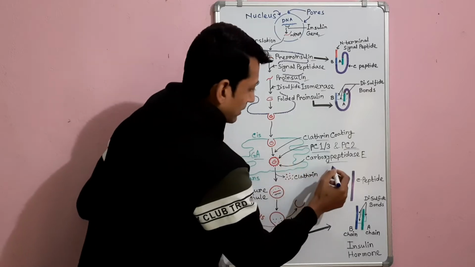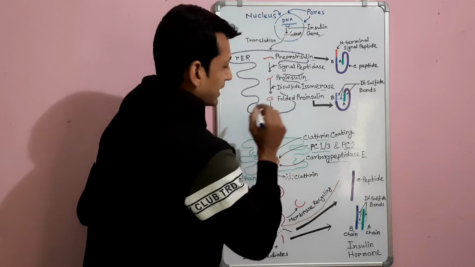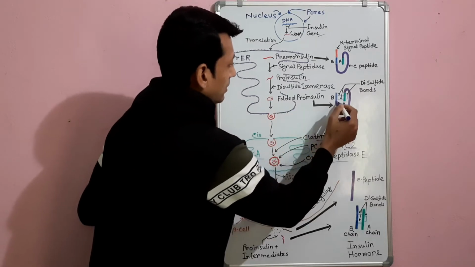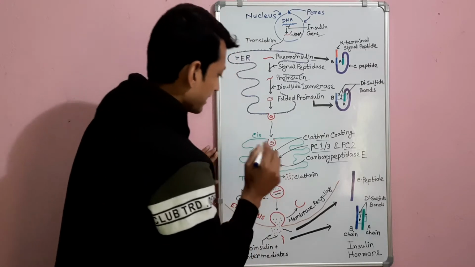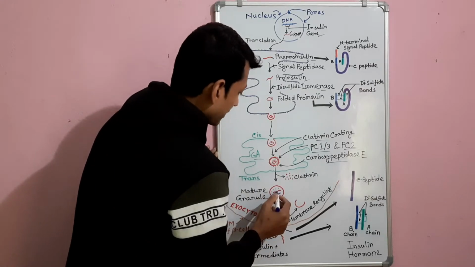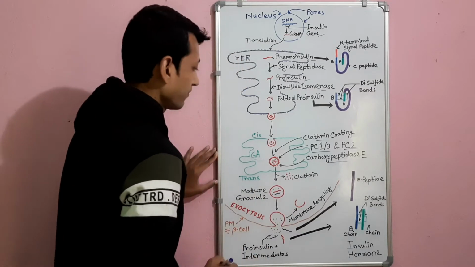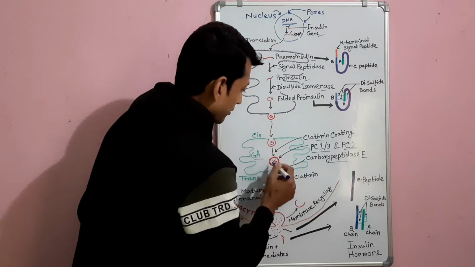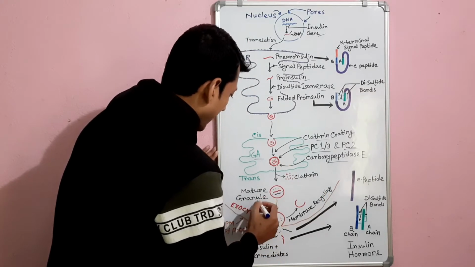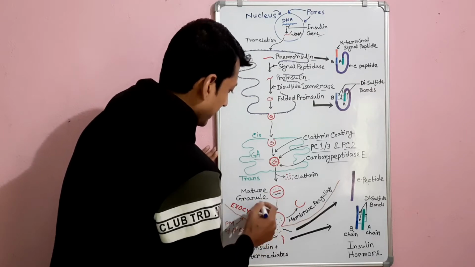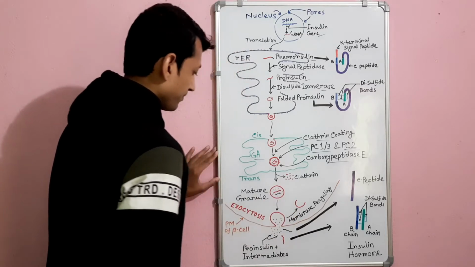And finally, carboxypeptidase E removes some basic amino acids from the B chain and C peptide. As a result, mature insulin hormone and mature C peptide are formed. Clathrin molecules also get dissociated. As a result, a mature granule is formed that has mature insulin and mature C peptide.